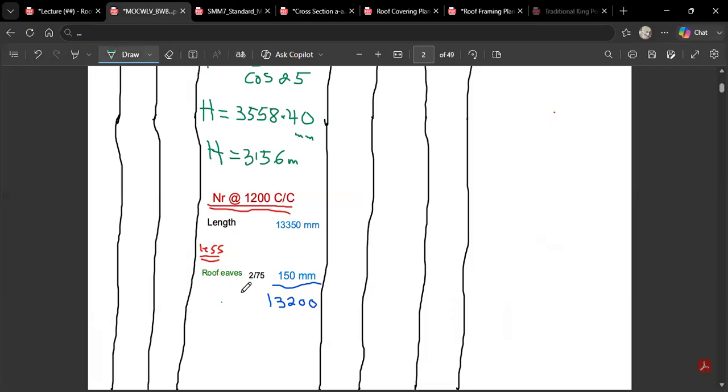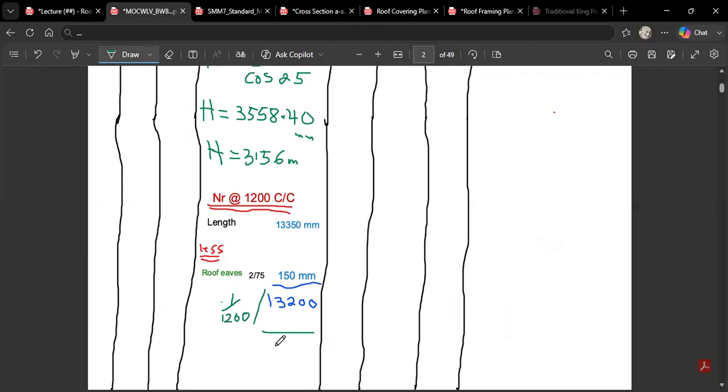So that is just going to be 1 over 1,200 multiplying this. And finally, that is going to give us what? Multiply 1 over 1,200 times 13,200.